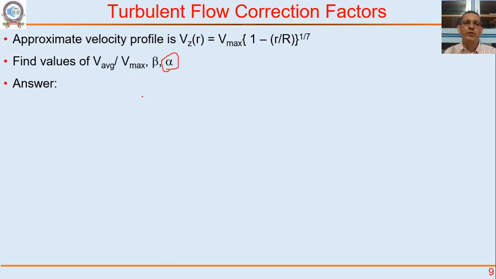Pause the video. Do it for yourself, then only go forward. You will find that, so I'm telling you the answers now, this V average by V max is around 0.8. This beta is around 1.03 and this alpha is 1.06.